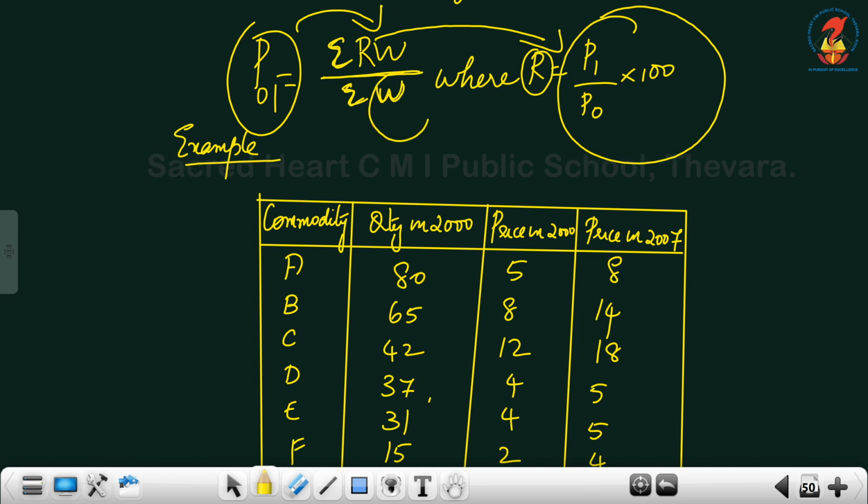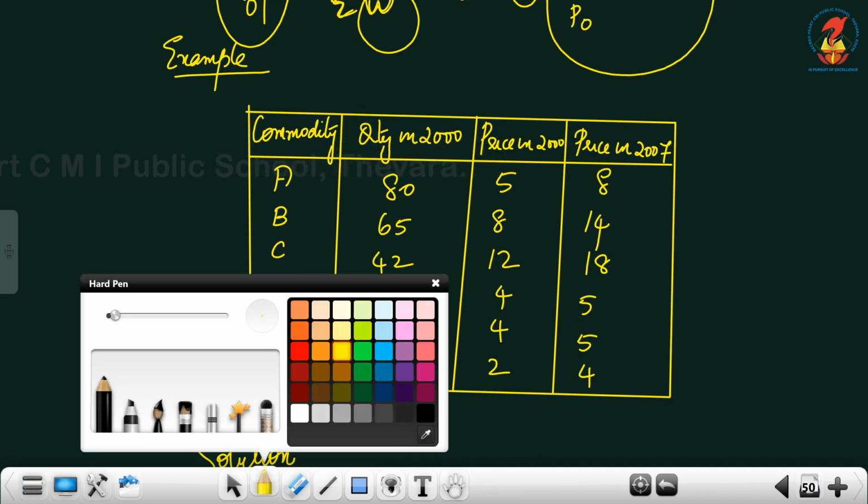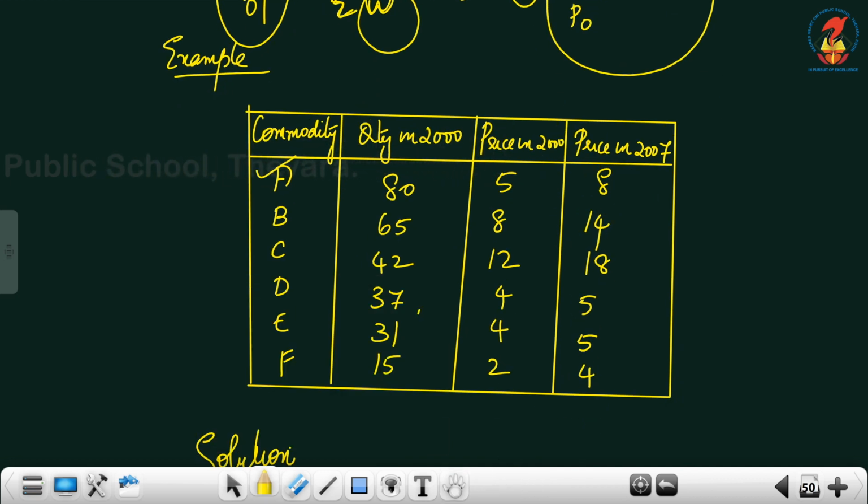Now how will you find out this W? That is what we are going to learn now. For the explanation, an example is given where the commodities are A, B, C, D, E and F. Quantity in 2000 is 80, 65, 42, 37, 31 and 15.